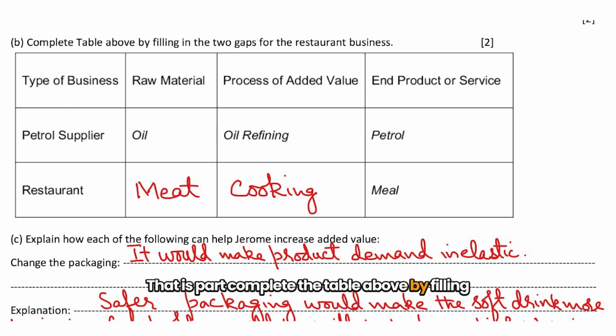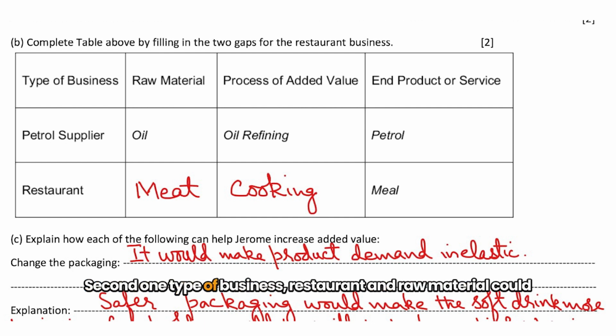Complete the table above by filling in the 2 gaps for the restaurant business. The first one, they worked it out for you. So petrol supplier: type of business, raw material oil, process of added value oil refining, and product or service petrol, which is consumed by the final consumers.